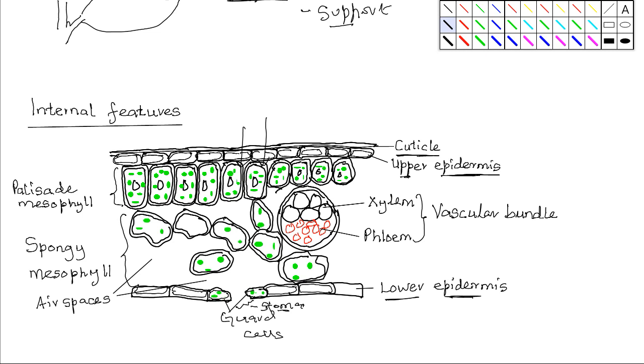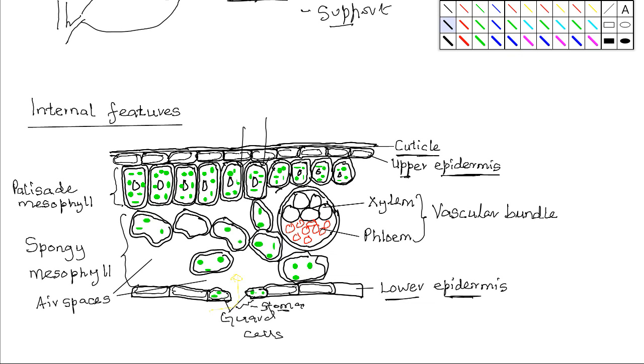Another internal adaptive feature of the leaf is the mesophyll tissue. Now there are two types of mesophyll: the palisade mesophyll beneath the upper epidermis and the spongy mesophyll below the palisade mesophyll.